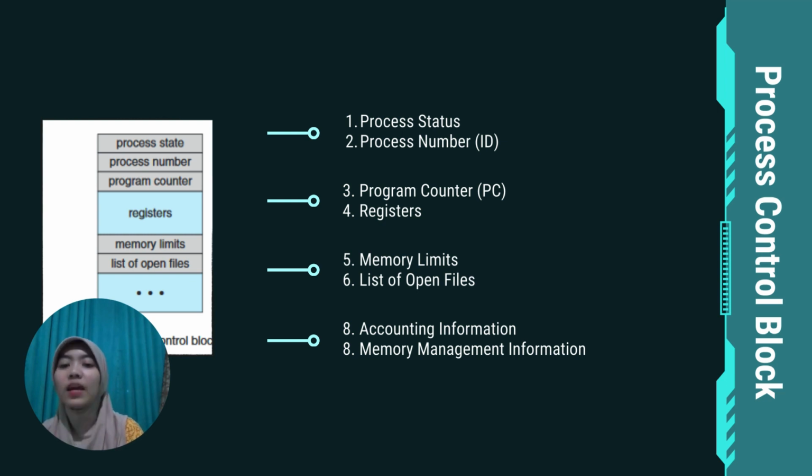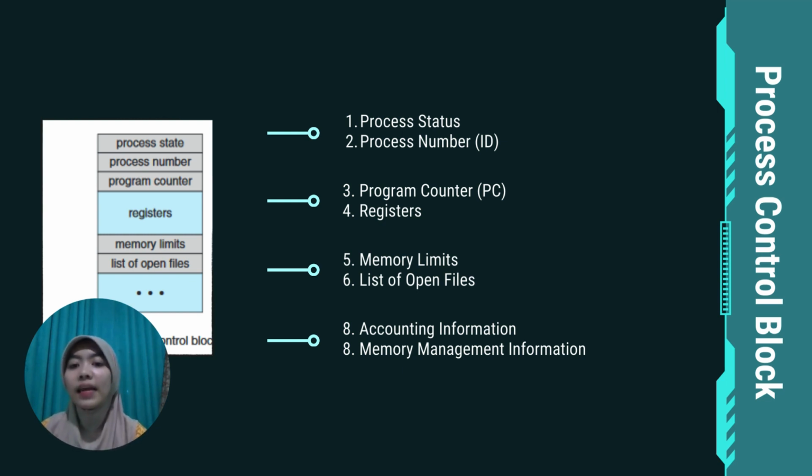The seventh is accounting information. This includes details such as CPU usage, execution time, and resource allocation. For example, the PCB may record that a process has used 80% of the CPU in the last hour.